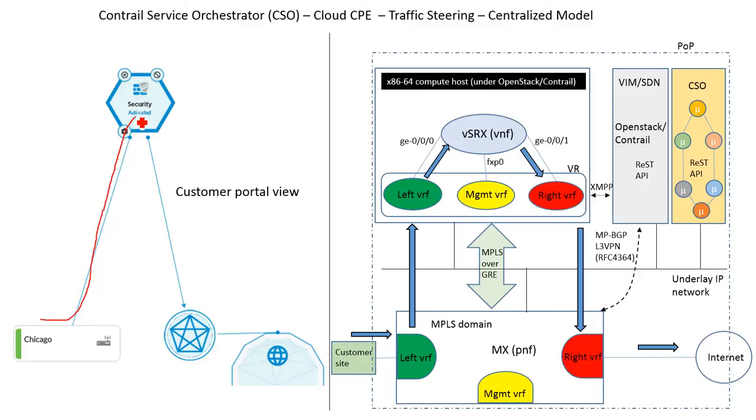We have steered the traffic through the vSRX to provide NAT functionality on this interface. This is where NAT functionality is happening. The traffic is steered from the physical into the virtual world, back to the physical world, and to reach the internet.